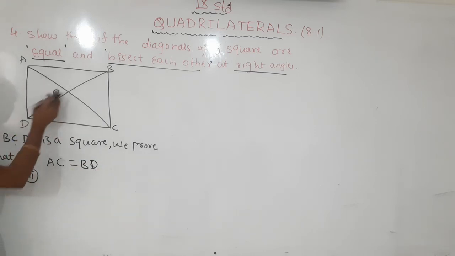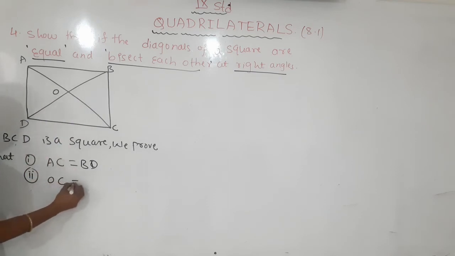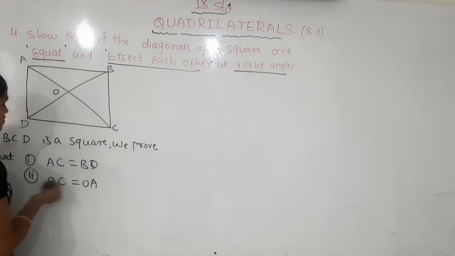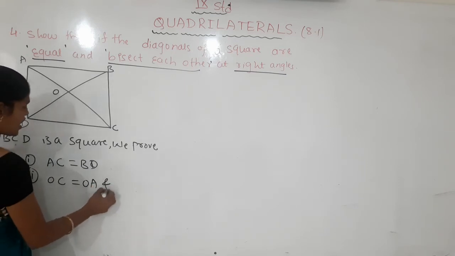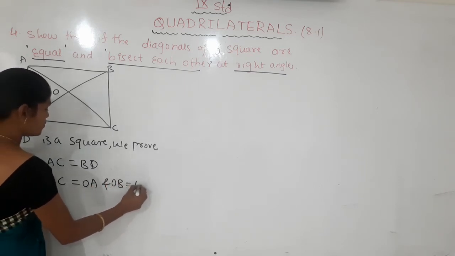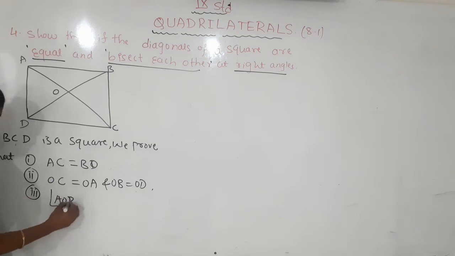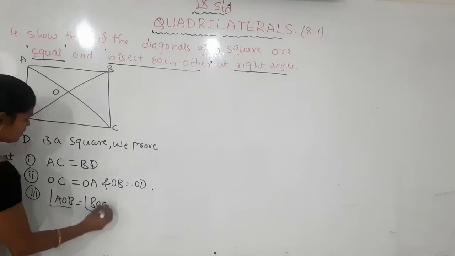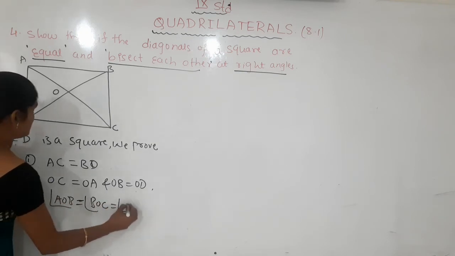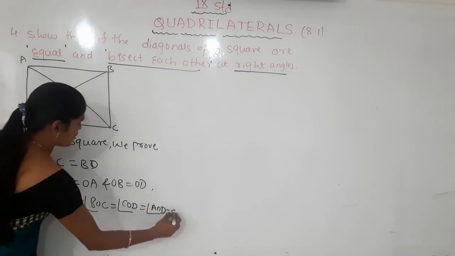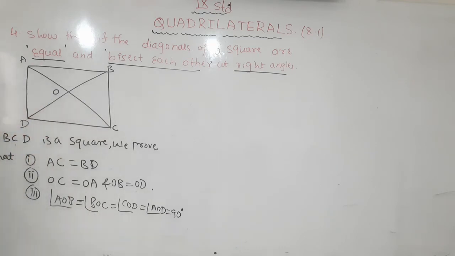They bisect each other at O, OC equal to OA and OB equal to OD. The second thing, and they bisect at what angle? Right angle, meaning angle AOB, BOC, COD and AOD are all equal to 90. Yes, three facts we have to prove here.